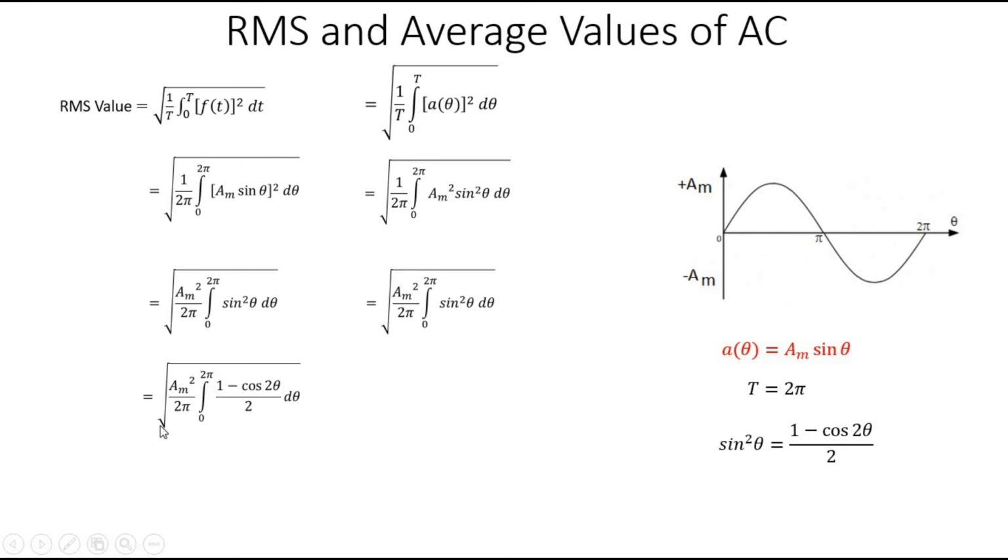So again we can take 2 outside. It is a constant. And while integrating, 1 is constant, so the integral is theta, cos 2 theta, the integral is sin 2 theta by 2, and we have to give the limits as 0 and 2 pi.